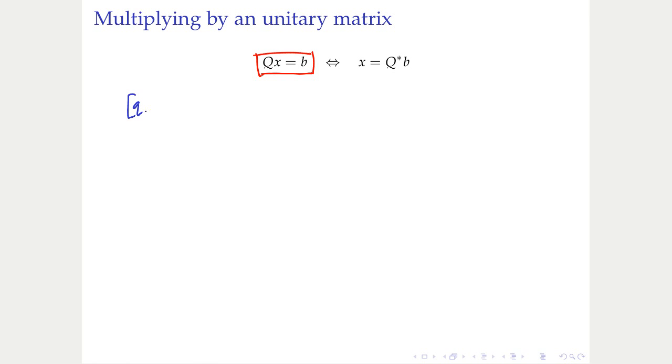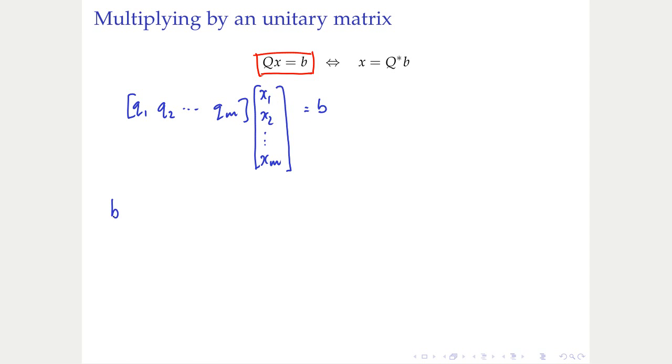So just to recap, this expression can be written in terms of the columns of Q. So Q1, Q2, Qm, x. In fact, I'll write the vector x out in full as well: x1, x2, through to xm equals b.